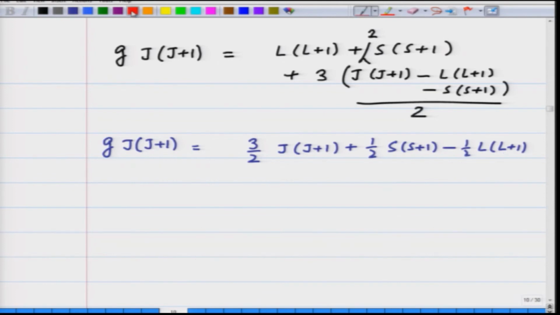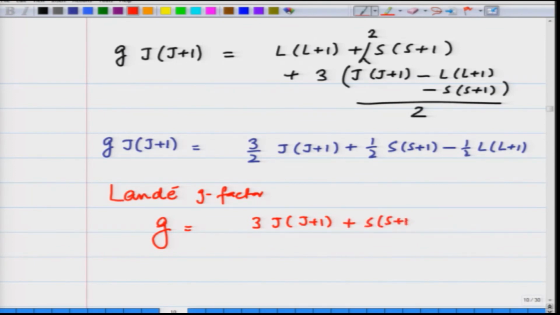And therefore, the Landé g factor g is equal to 3 by 2 plus S(S plus 1) minus L(L plus 1) divided by 2 J(J plus 1).